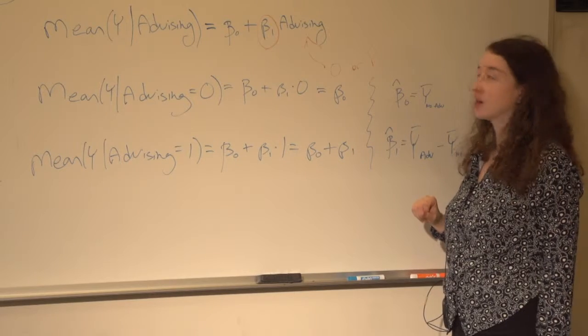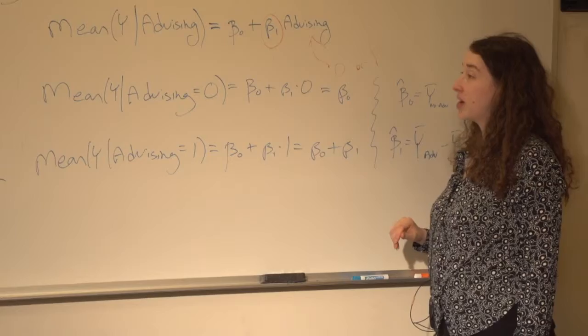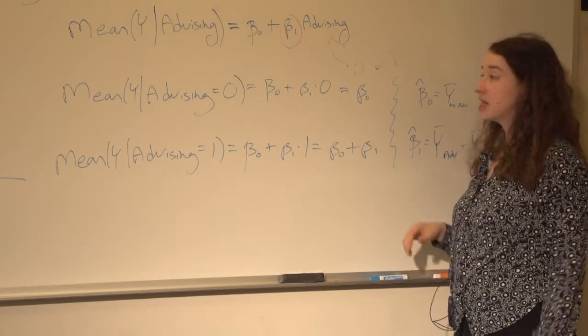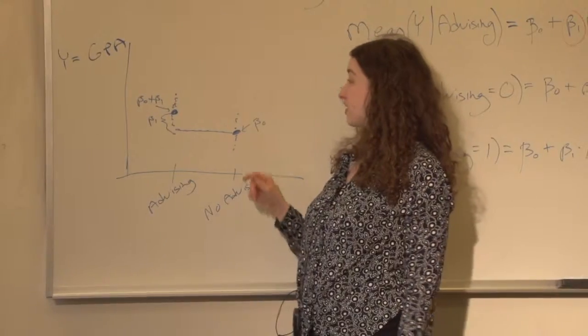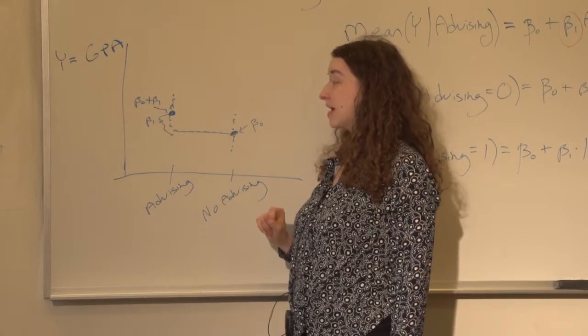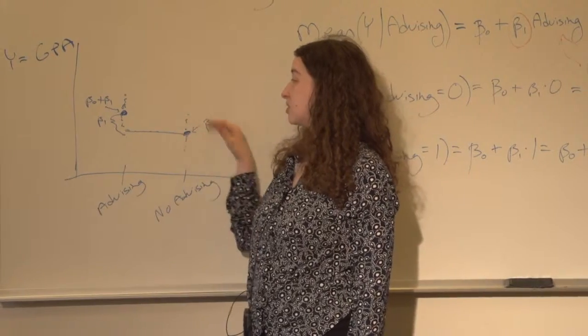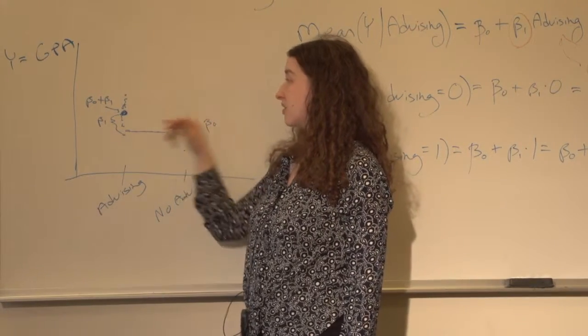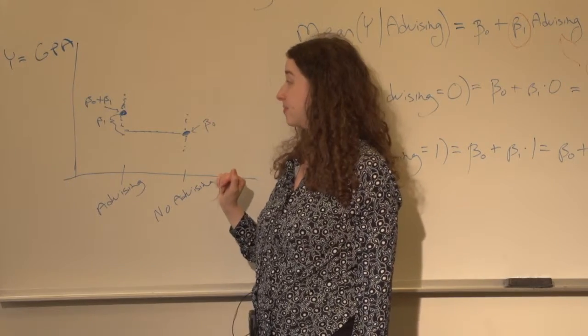Let's relate that to a couple of concepts. This relates to the idea of comparing an equal means model to a separate means model. The separate means model says that the mean in the no advising group can be different from the mean in the advising group. The equal means model says, no, they really should be the same, so we should average all the points together to figure out our prediction of anybody's GPA because advising doesn't matter.